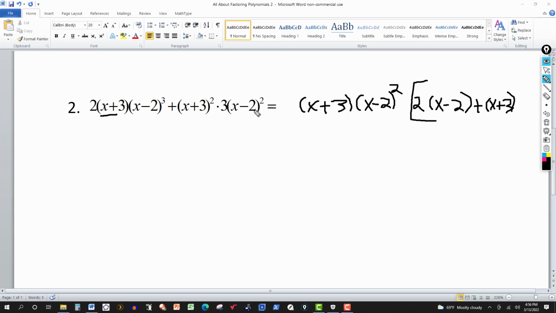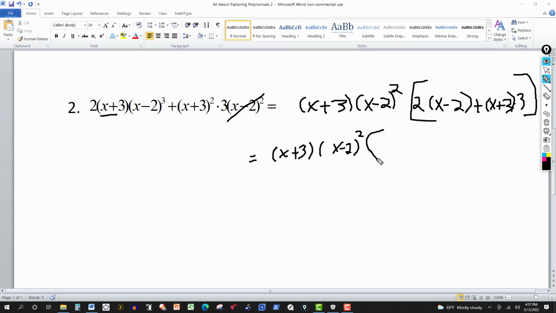I took out the x minus 2 to the second, so this one canceled out completely, and the 3 is still there. 3 multiplies that. So this is equal to x plus 3, x minus 2 to the second power.